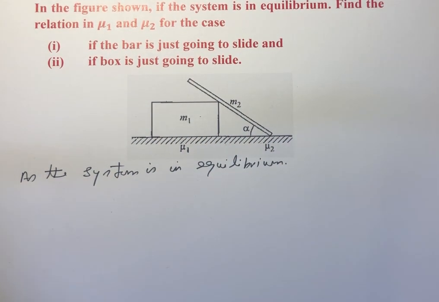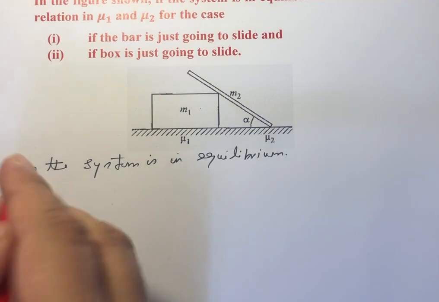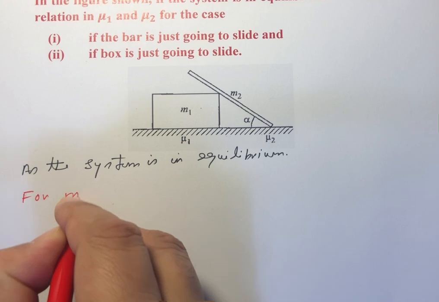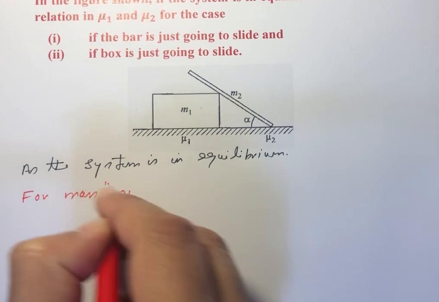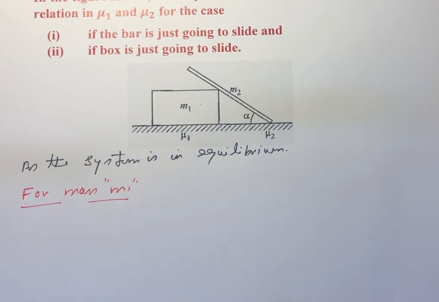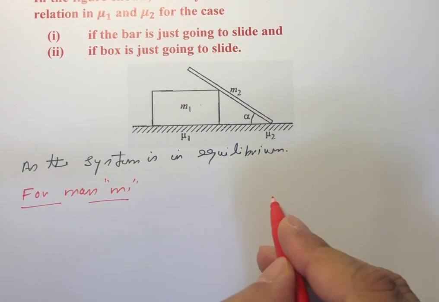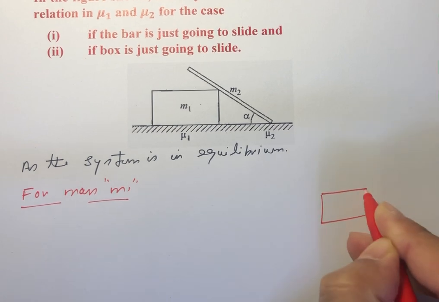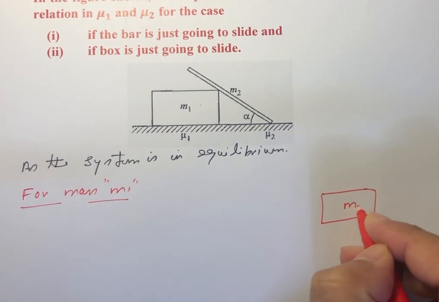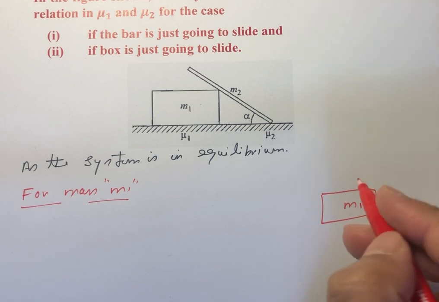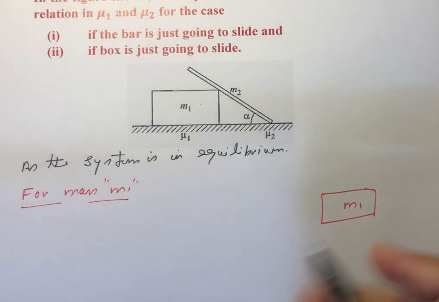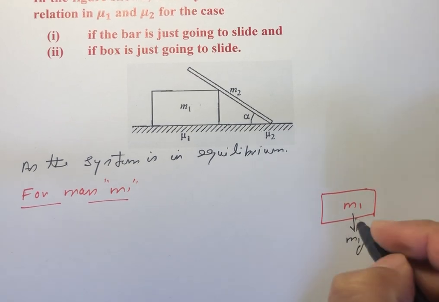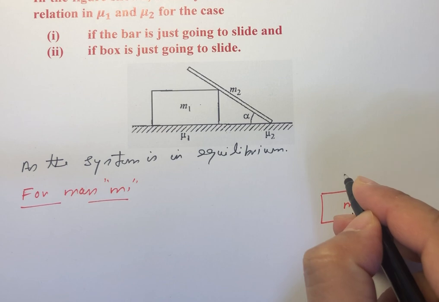So let us draw first of all for mass m1. So this is mass m1 and it is going to have m1g in the downward direction, and there will be normal which will be acting in the opposite direction.